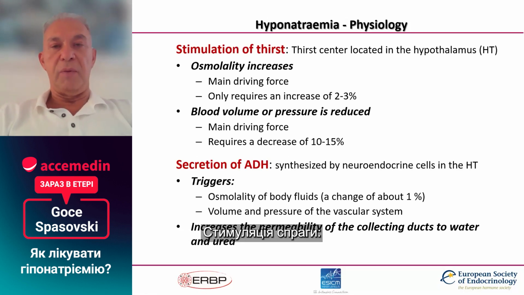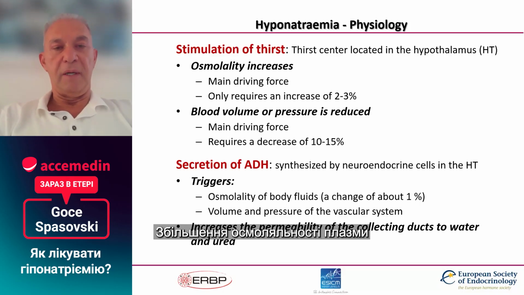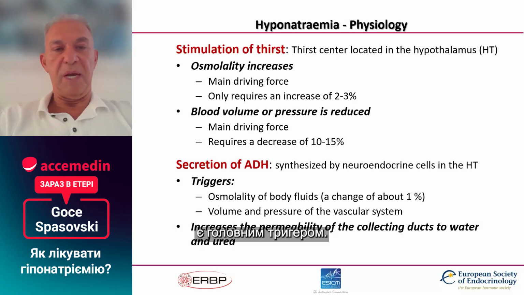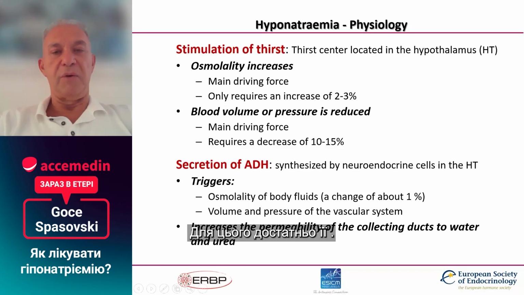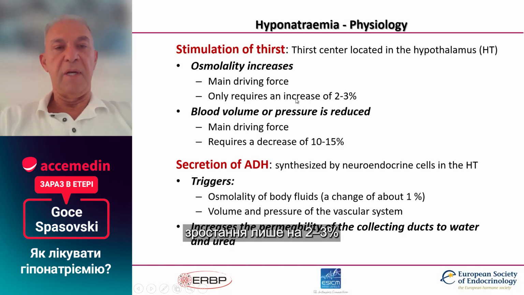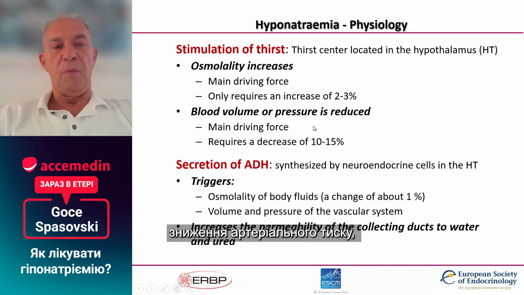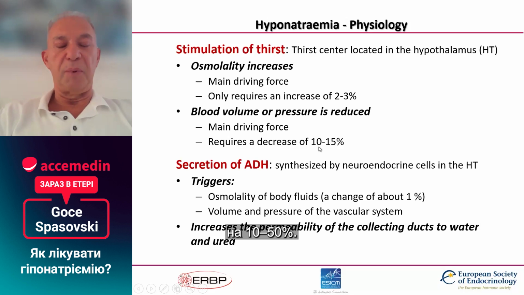Stimulation of thirst: the center for thirst is located in the hypothalamus. When the osmolality increases, it is the main driving force, and it only requires an increase of 2 to 3% to be stimulated. Or when there is a blood volume and pressure reduction, which requires a bit higher decrease of 10 to 15%.